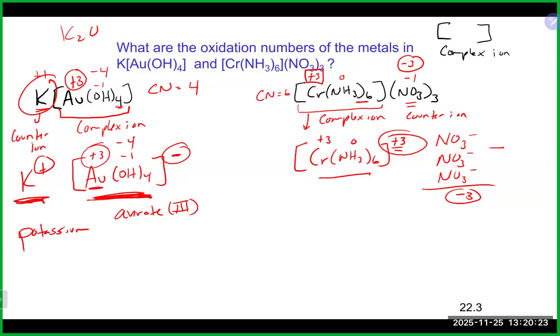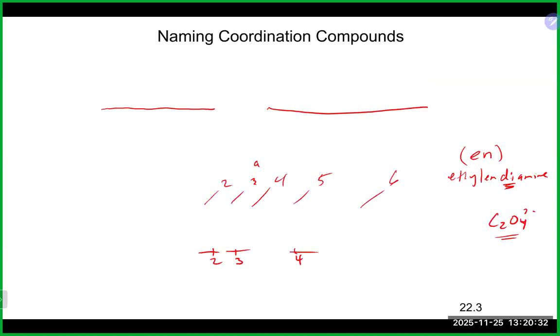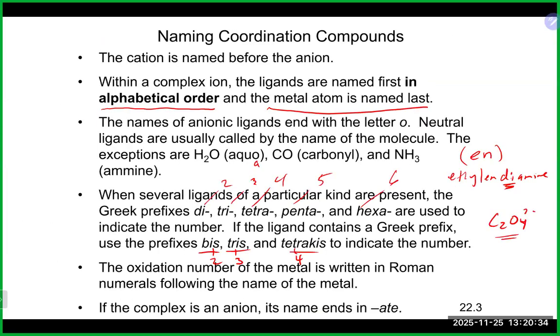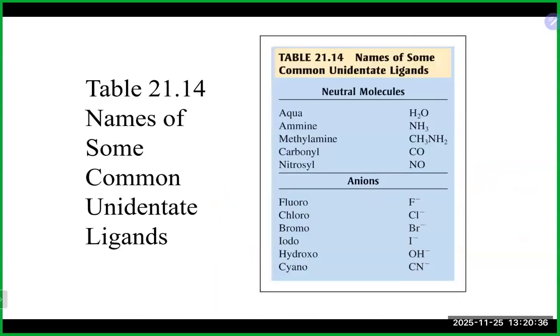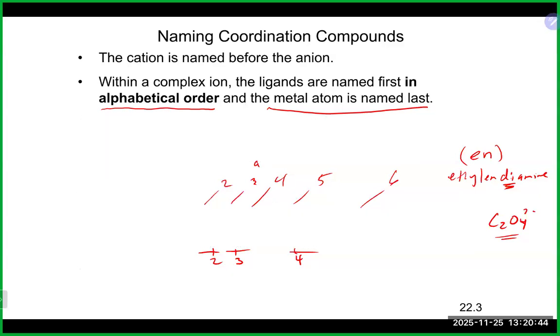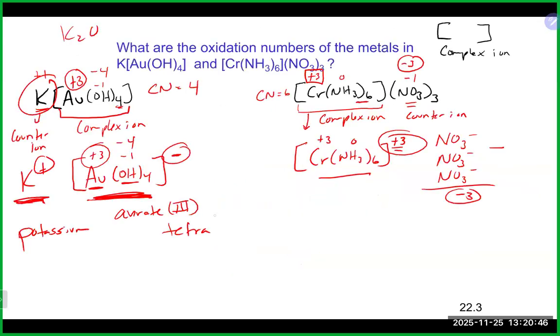Now we also have 4 hydroxides here. Prefix for 4 is tetra. And once again, it's not called hydroxide here. It is hydroxo, as you can see here. I think it's on this slide. Yeah, it is right there. Hydroxo. So that is what we're going to use there. And tetrahydroxo.